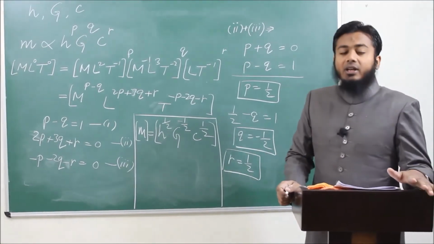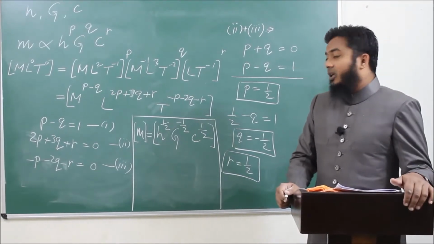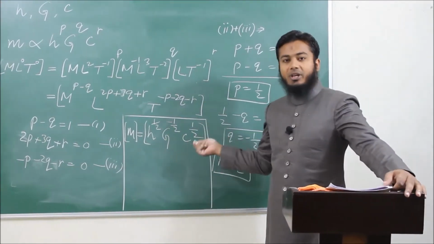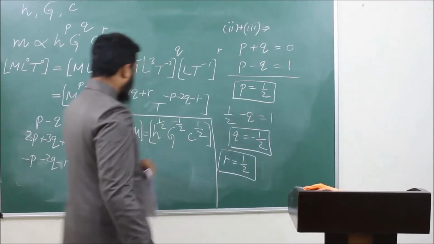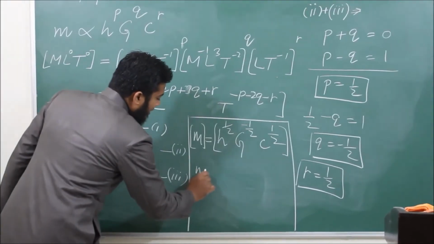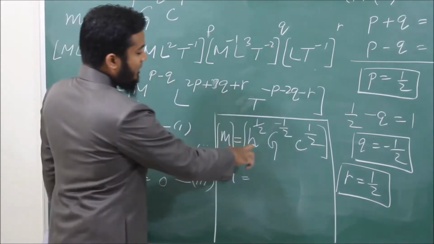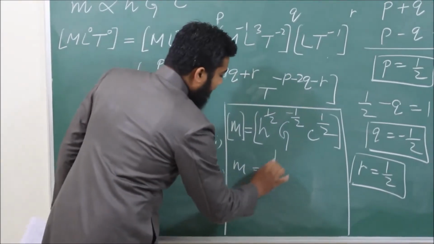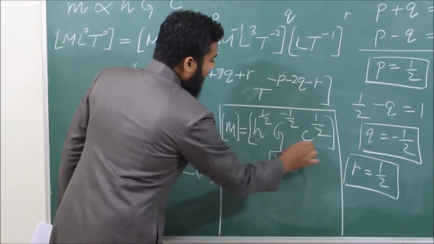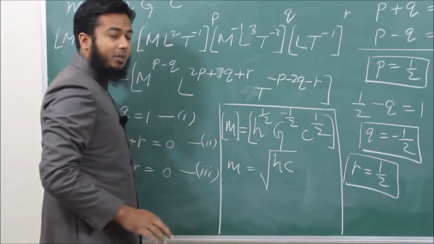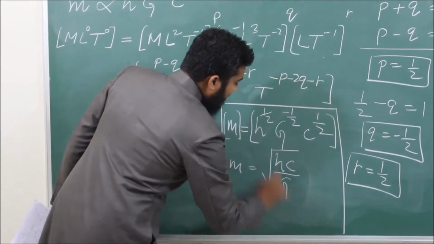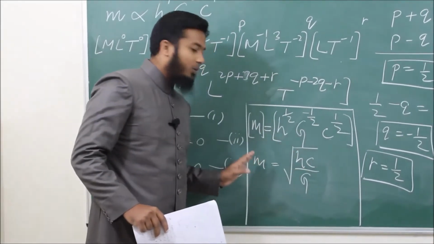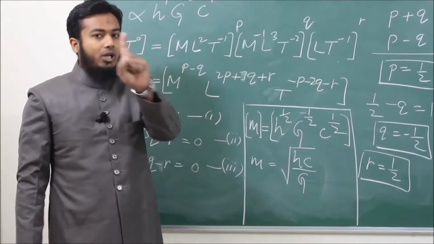Now from here we can find how much 1 unit of mass will be in terms of these chosen base quantities. So I can write mass as: h and c have plus half powers, so I write h into c, and G has minus half power, so it will be in the denominator. So the square root of hc over G will be the value of 1 unit mass.